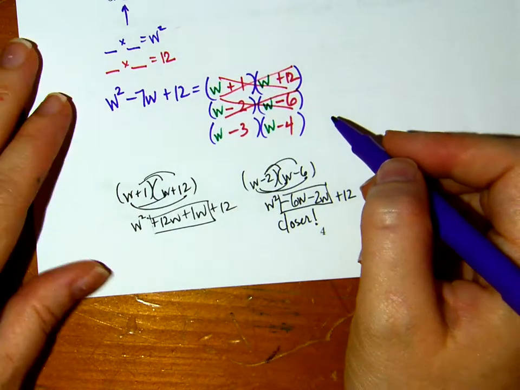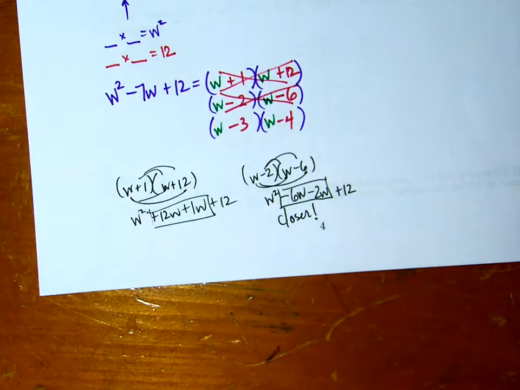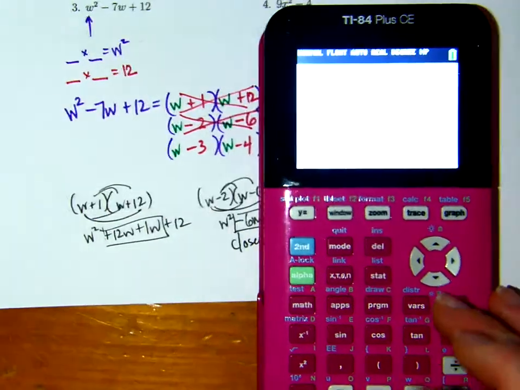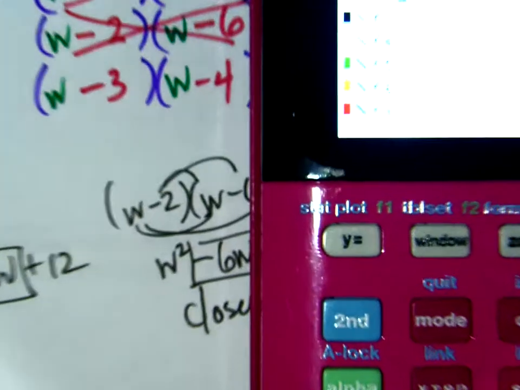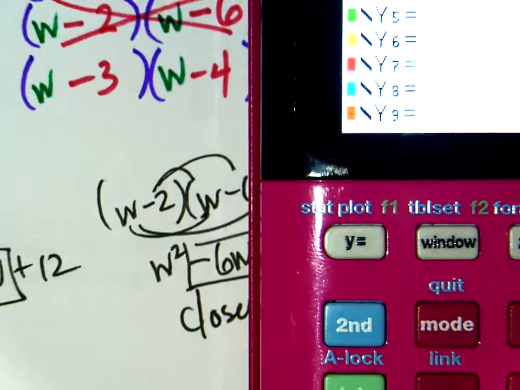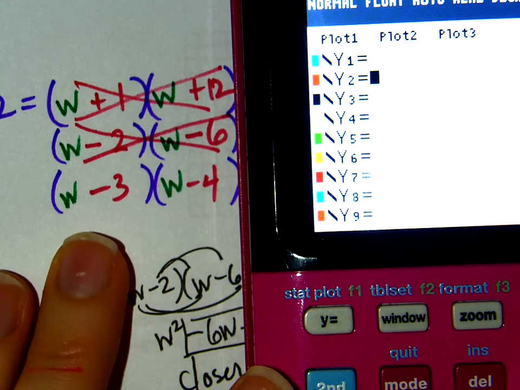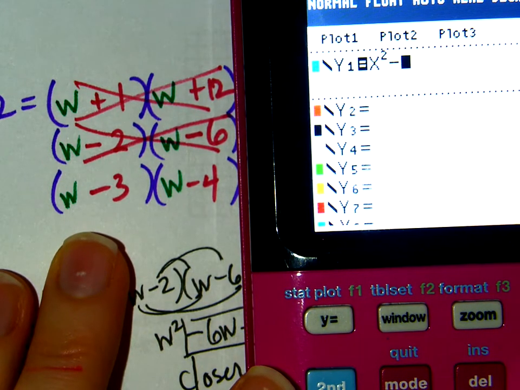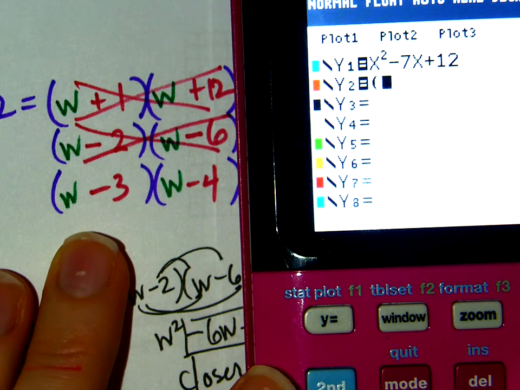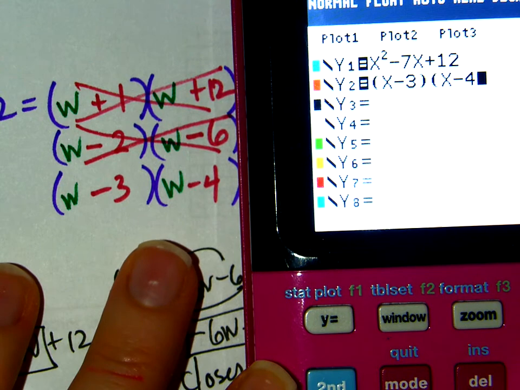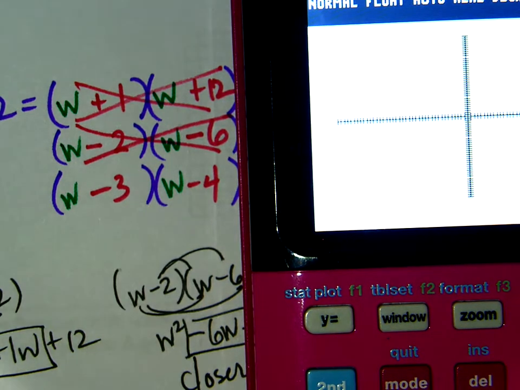Okay, so we just said, also check it by multiplying in the calculator. Whoa. As a matter of fact, before I write this down in marker, let's go x squared minus 7x plus 12. And we are suggesting x minus 3 times the quantity x minus 4. Okay, here it comes.